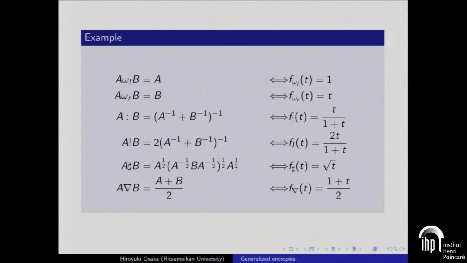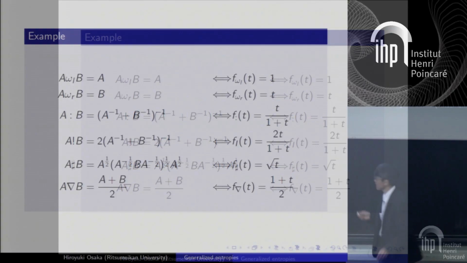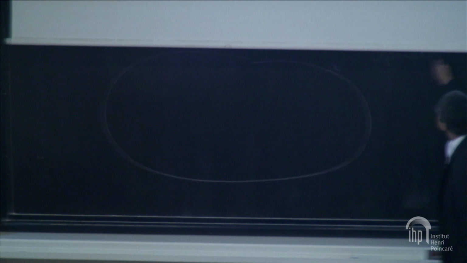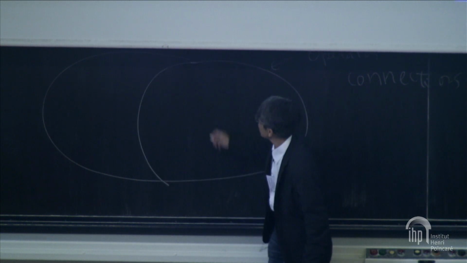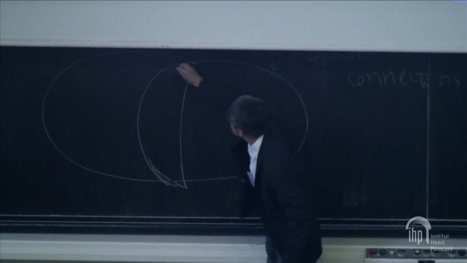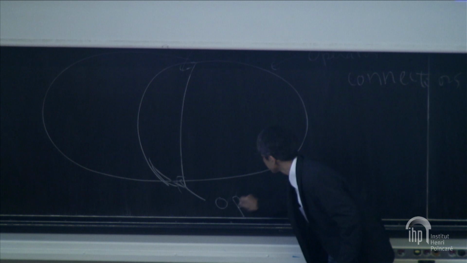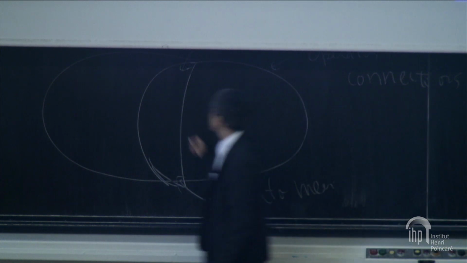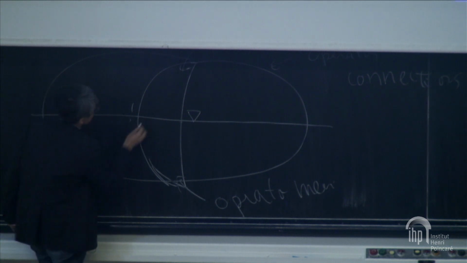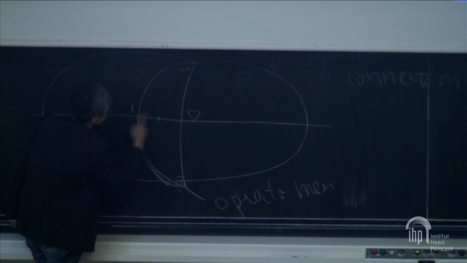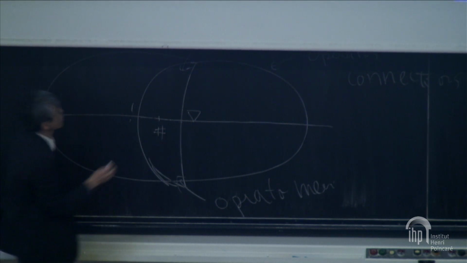Usually, one of my interests is to classify the operator means by using operator inequalities. If I draw this as the world of operator connections, here is an operator mean. Here in the center is the geometric mean, and here is the arithmetic mean. Here is the harmonic mean, and the center between the harmonic mean and the arithmetic mean is there.